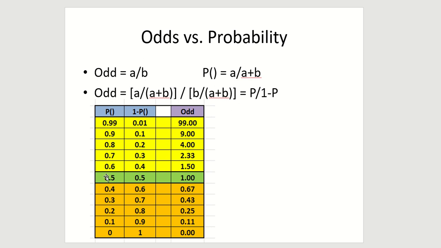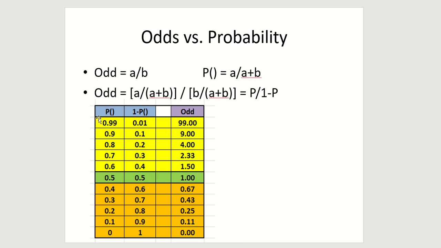Once the probability goes above 50%, the odd becomes greater than 1, and it escalates very rapidly to very, very large values. So though the probability is bounded between 0 and 1, the odd is bounded between 0 and plus infinity. And right at the middle, where things are equal, the probability reduces to 50% and the odd is equal to 1 to 1.